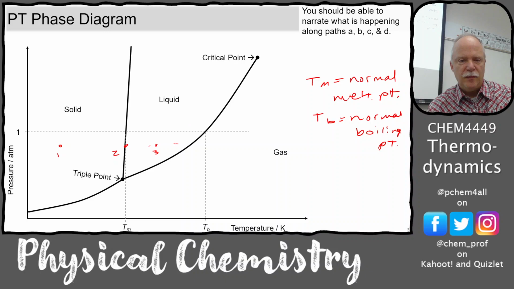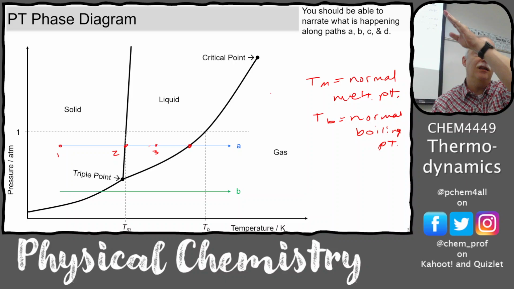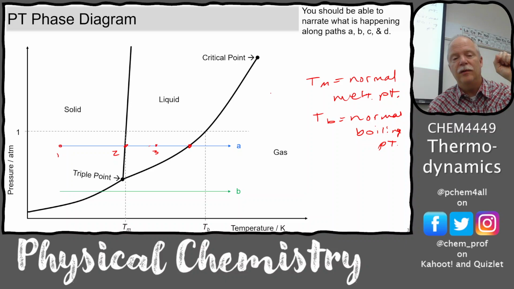And then we come across here to point 4, where we're in the vapor-liquid equilibrium. So in the PT phase diagram, it's just a single line. But we sit at that line until all the liquid's gone. So it's boiling the whole time. Boiling until we run out of liquid, and then it starts moving into the gas phase. So this is point 4, and then in the gas phase, we're at point 5.